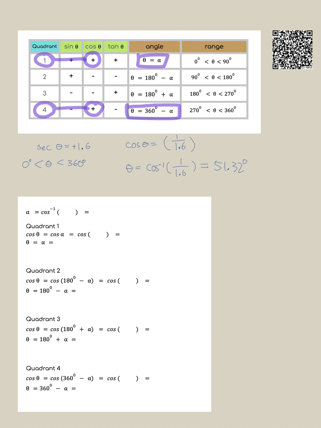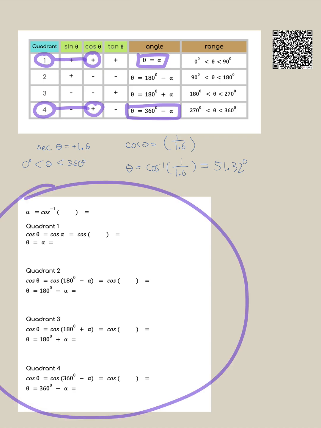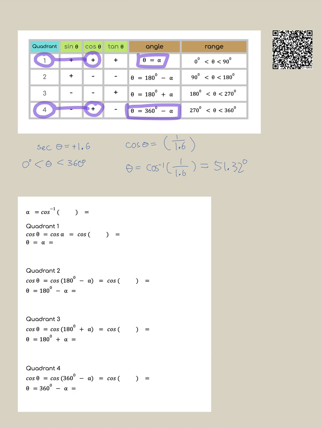And so we calculate these two angles, and I already made a pattern for students to do this. You don't have to use this pattern. This is just for a simple explanation. The positive value will be in quadrant 1 and quadrant 4, so we put the positive sign there.